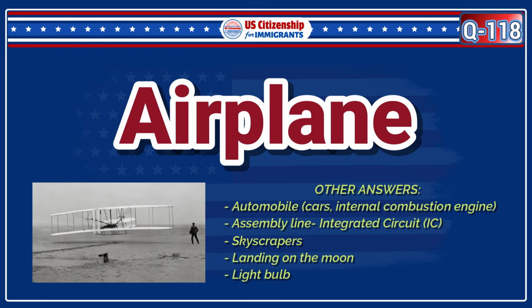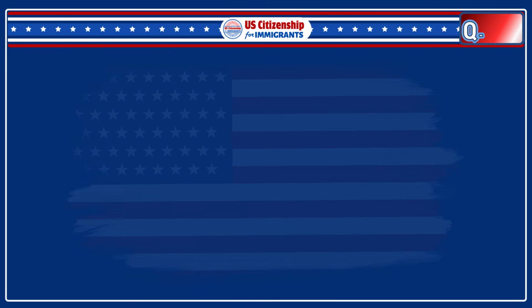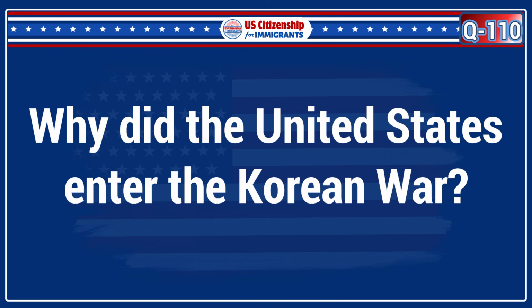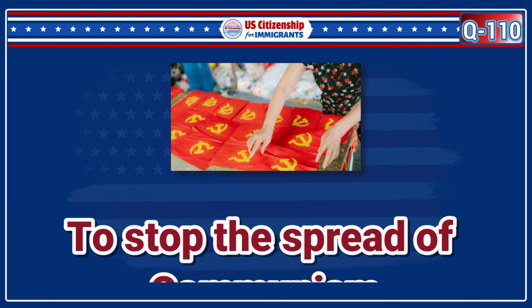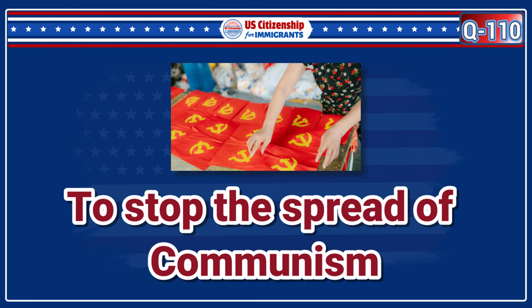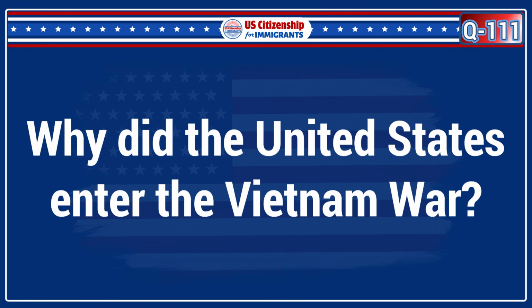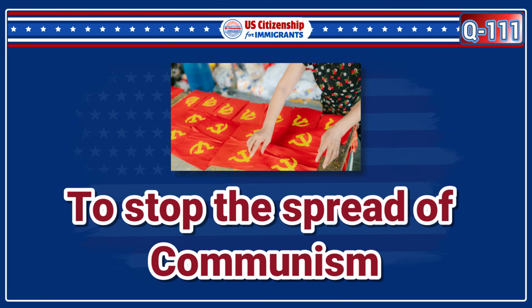Airplane. 110. Why did the United States enter the Korean War? To stop the spread of communism. 111. Why did the United States enter the Vietnam War? To stop the spread of communism.